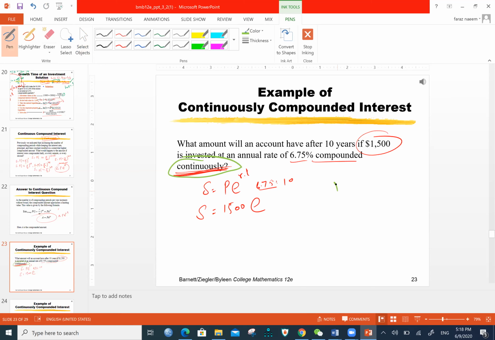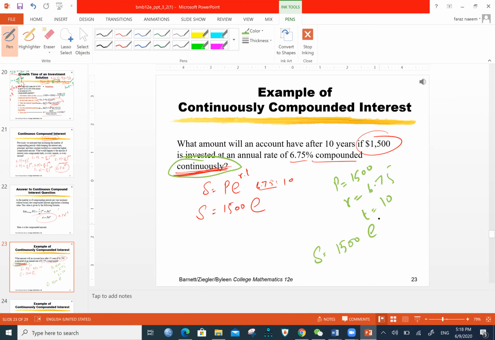P is again the principal amount, which is 1,500. R is the interest rate, 6.75%, and t is the number of years. For 10 years, you can substitute into the formula and get the result.